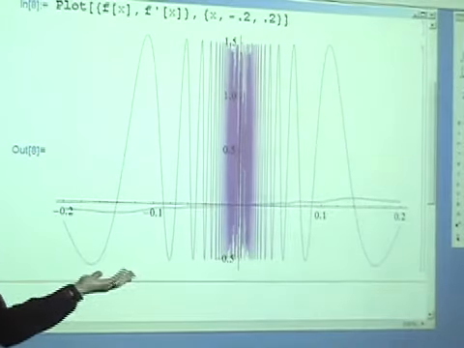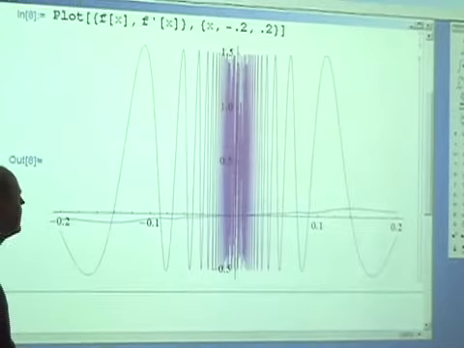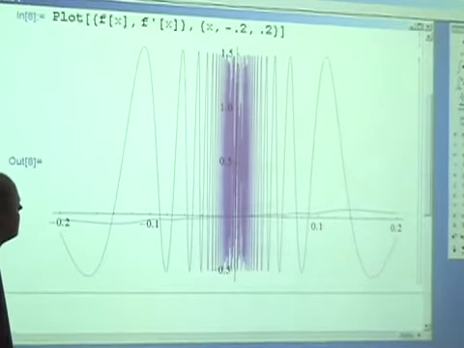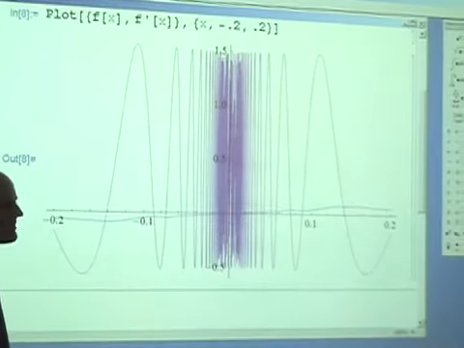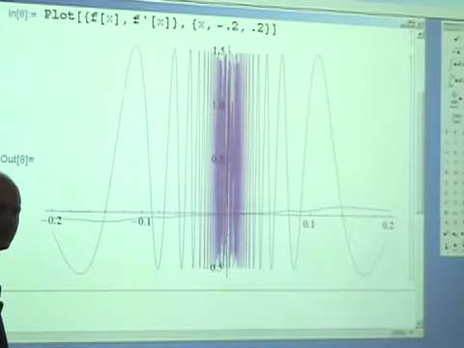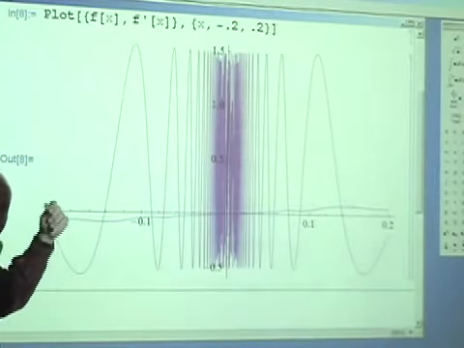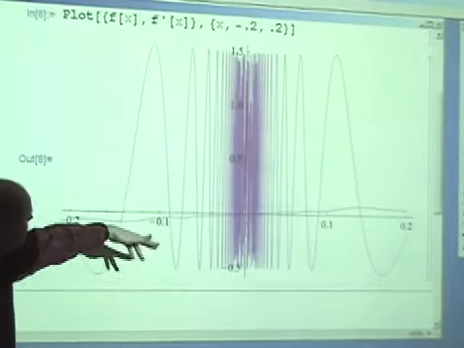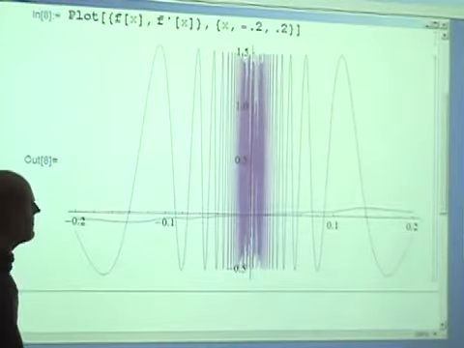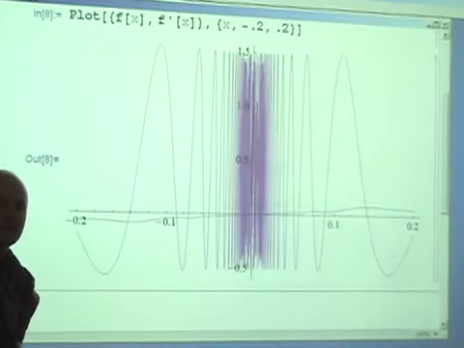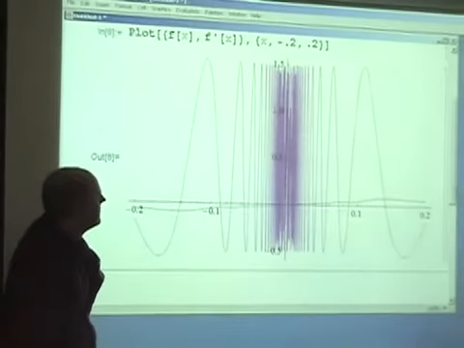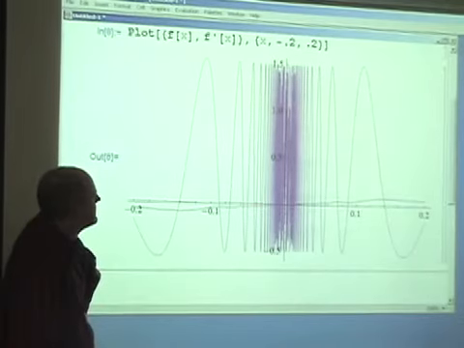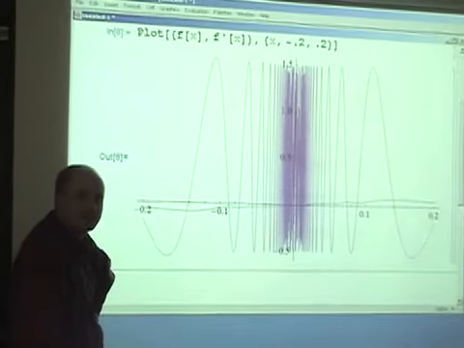At least when x is non-zero, it oscillates infinitely often. Just like the blue one did, but this is a lot wilder. Oscillates infinitely often between, looks like about negative 0.5 and positive 1.5. It has no limit as x approaches 0.